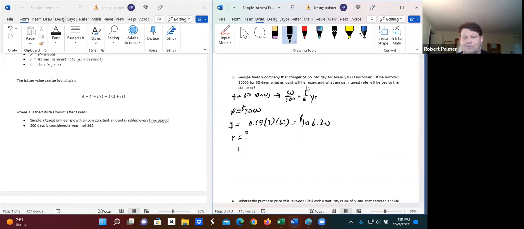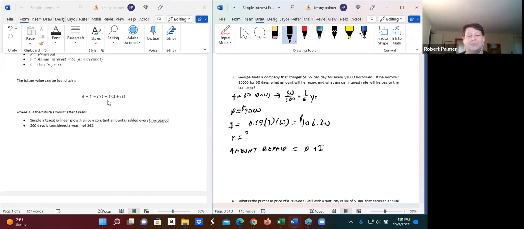Now, what amount will he repay? We can actually go ahead and calculate that. So the amount repaid is going to be the principal plus the interest. Okay, essentially that's kind of like this formula right here, except we already know what the interest is.